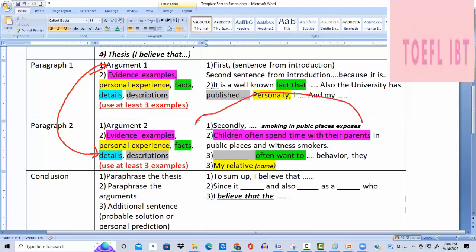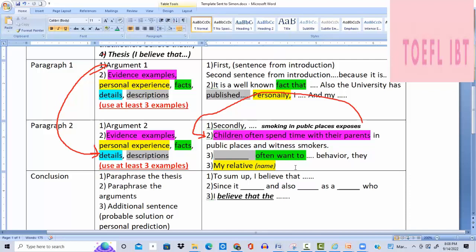Okay, so children often spend time smoking in public places exposes, so I think I had started writing something here, but it depends upon the prompt. Exposes children, and then this is not a good sentence, but you get the idea. Then I had a fact here. I just knew that I had a fact or description and a fact. And then my cousin, Bob, started smoking at the age of 6. Do you understand? Yes.